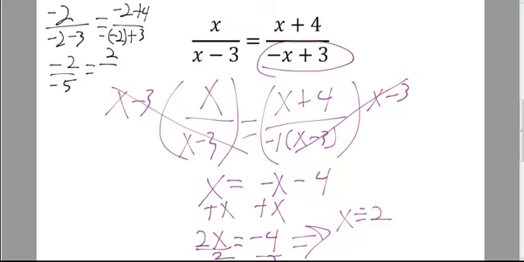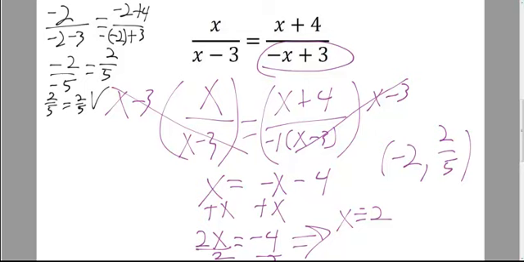I forgot to give that, so that will be 2 over 5. A negative divided by a negative is a positive, and so we have 2/5 equals 2/5. So that works out. And so where these cross, we can write our point at negative 2, 2/5. Okay, so that is where these two would intersect.